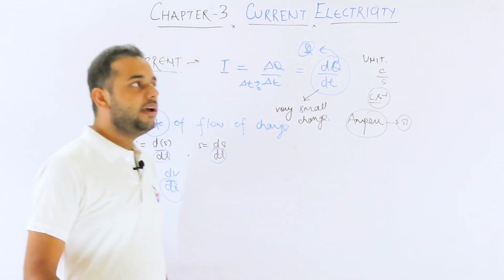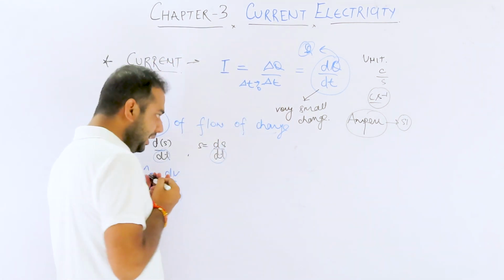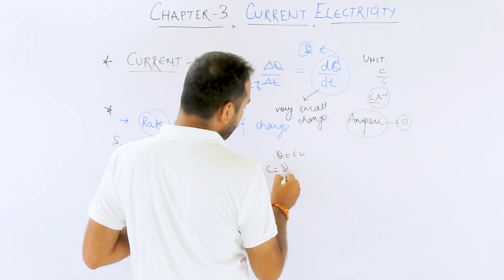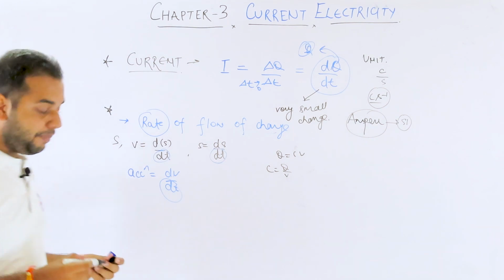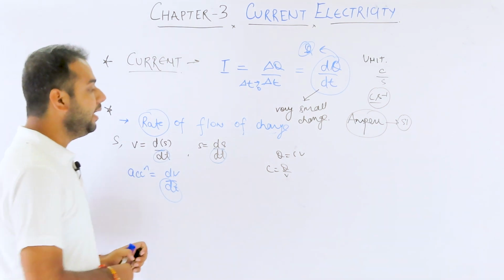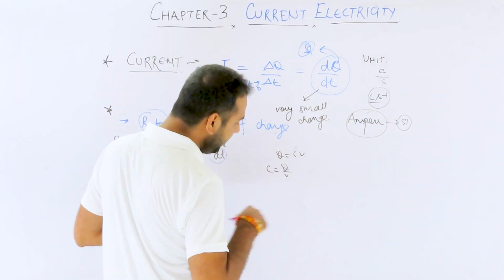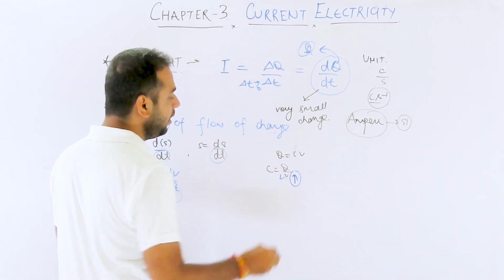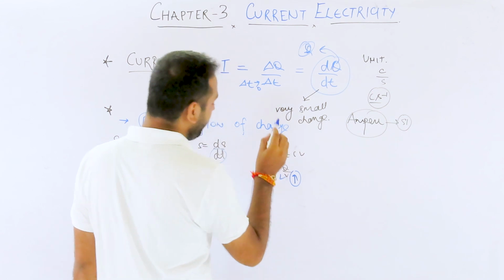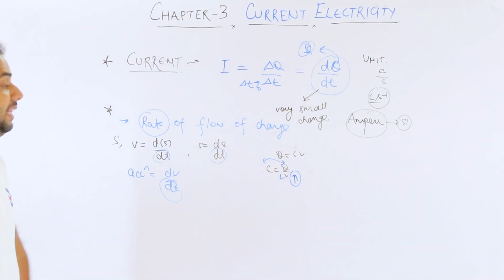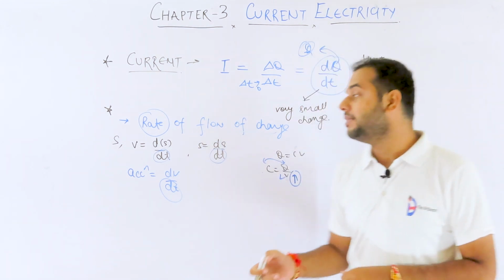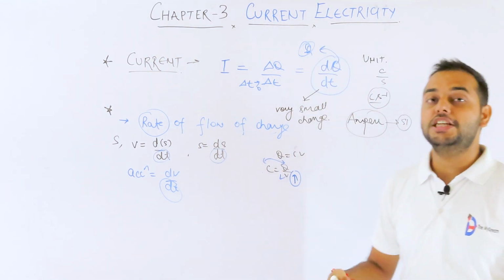When I defined Q equals CV, C is simply Q by V, the amount of charge needed to raise the potential by 1 volt. But in today's case, I am stopping myself from giving a mathematical definition of current.